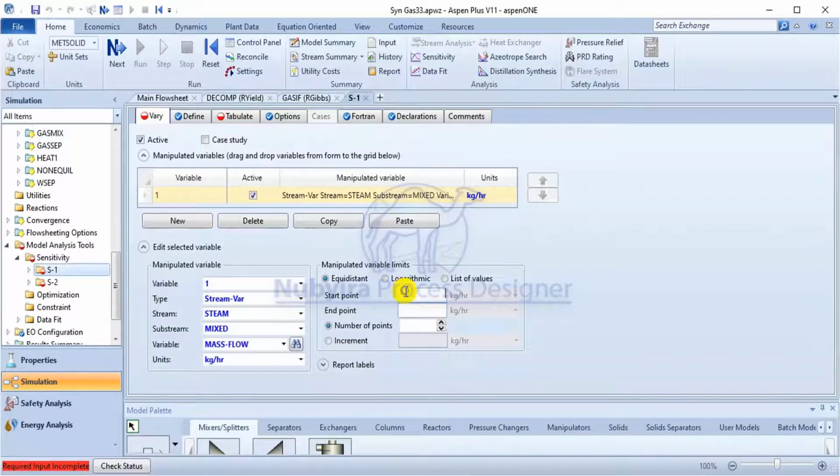We started from 75.432 to 2715.55. For the number of points, you change it back to 20. You can use an increment if you want, it's flexible.